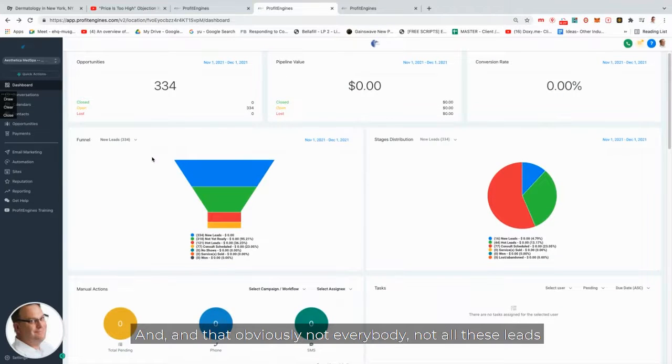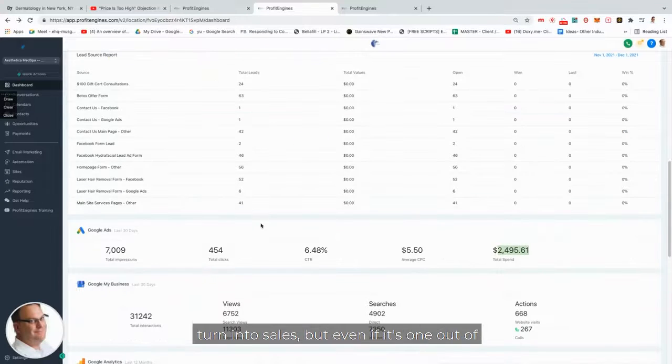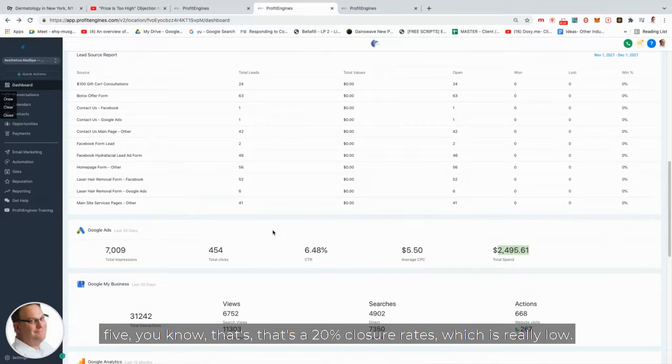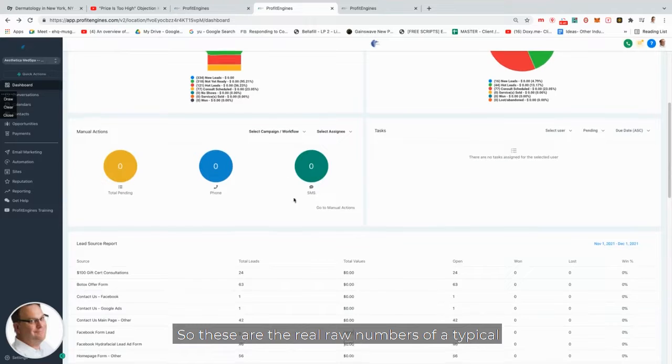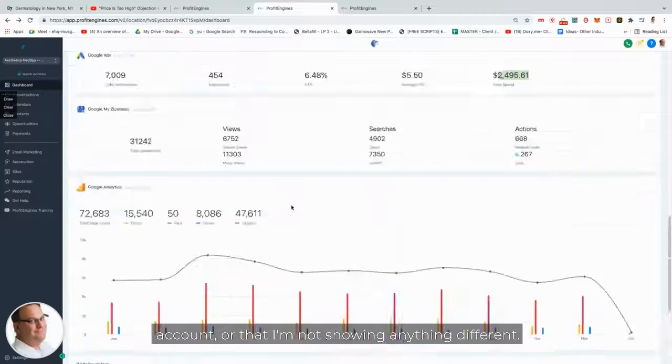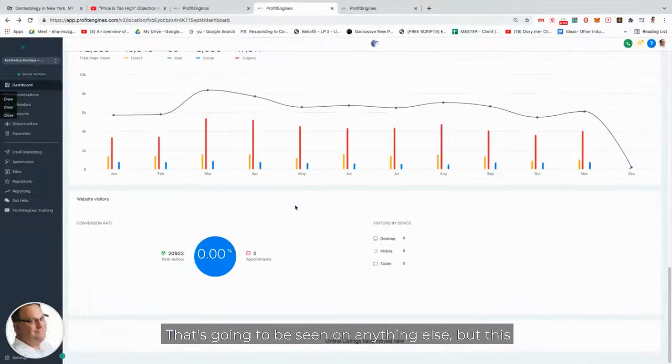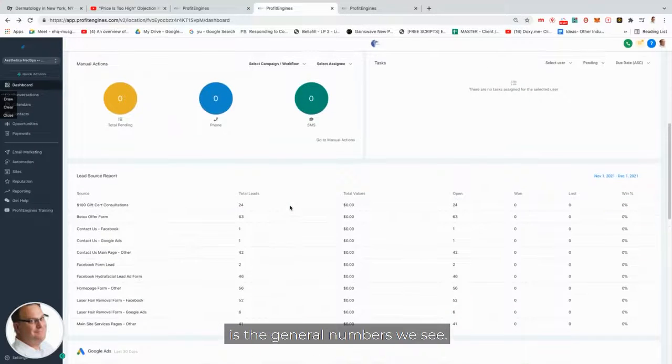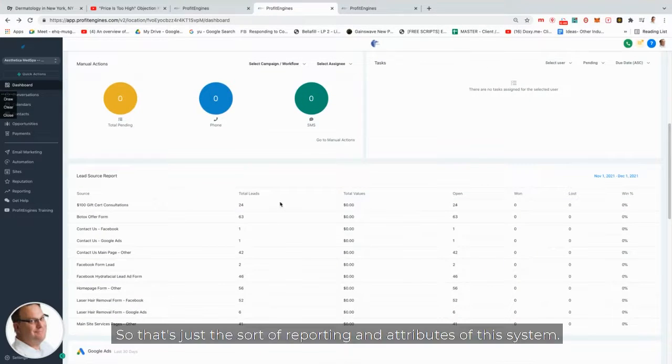Obviously not all these leads turn into sales, but even if it's one out of five, that's a 20% closure rate, which is really low, you're still looking at an acquisition cost of about 100 bucks. These are the real raw numbers of a typical account. I'm not showing you anything different than what's going to be seen on anything else, but this is the general numbers we see. So that's just the sort of reporting and attributes of this system.